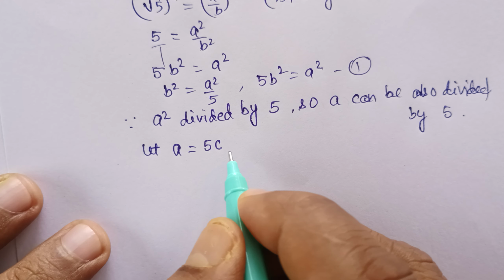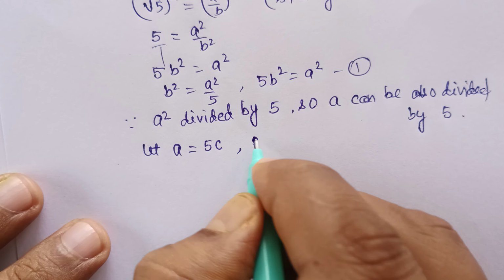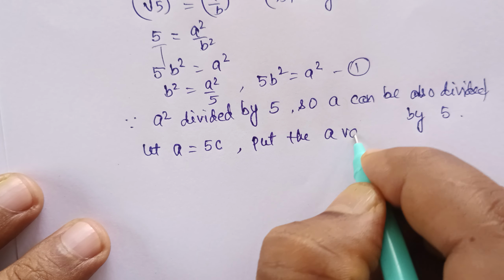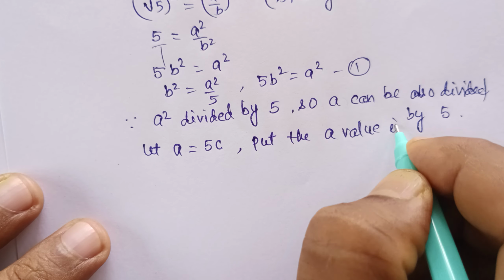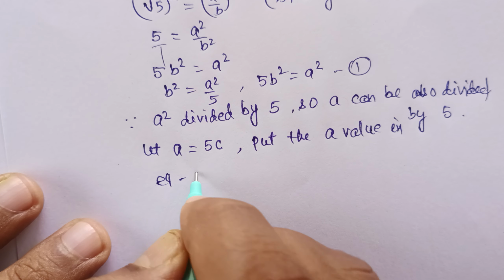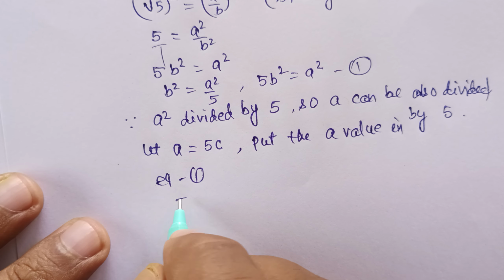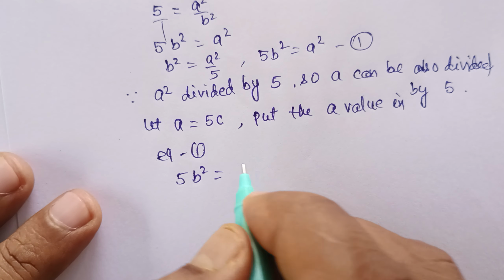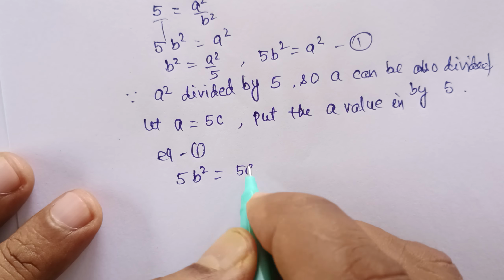So let a be equal to 5c, put the value in equation 1. What you will get, 5b square is equal to a square. A square means now you have to write 5c square.